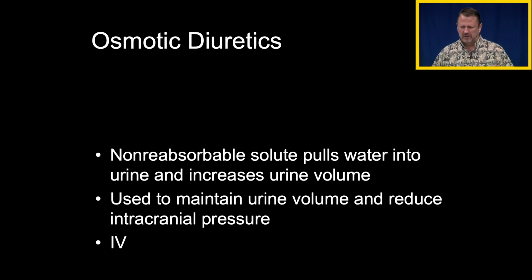They'll be sponging up a lot of free water out of the body, and your body can't reabsorb those. The main place we're going to see those used is in an ICU situation to control intracranial pressure. We won't get into that today.